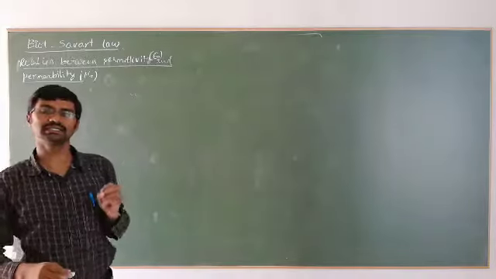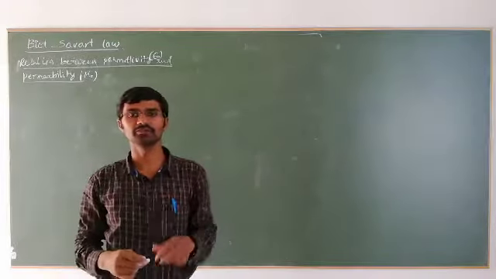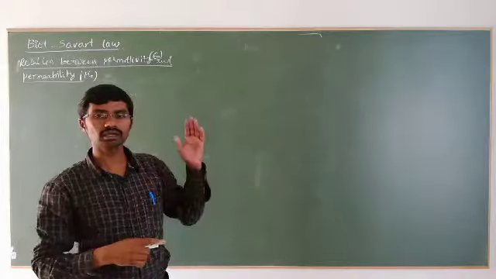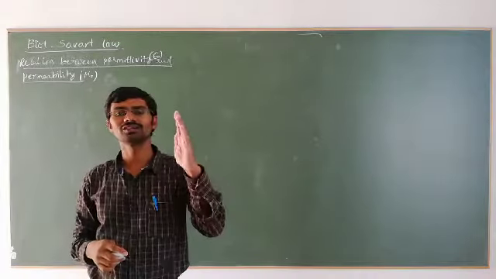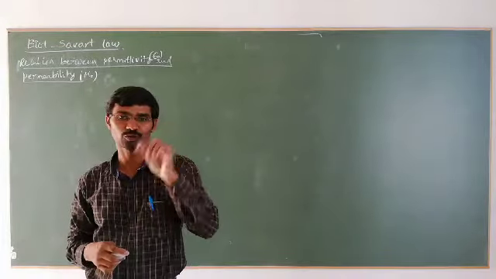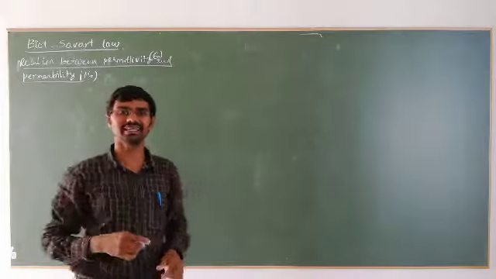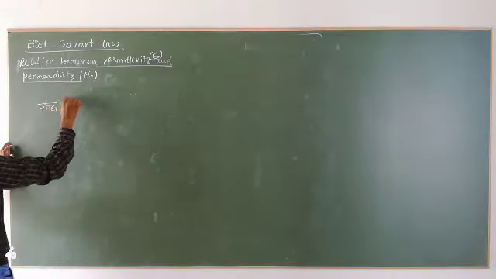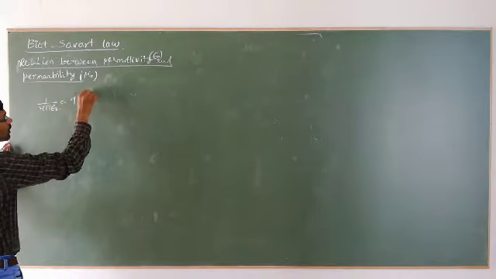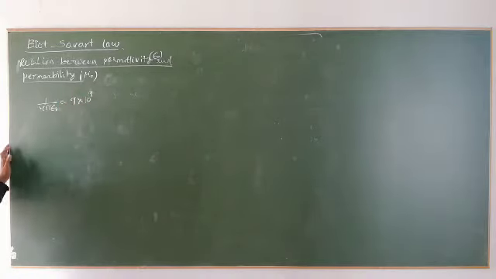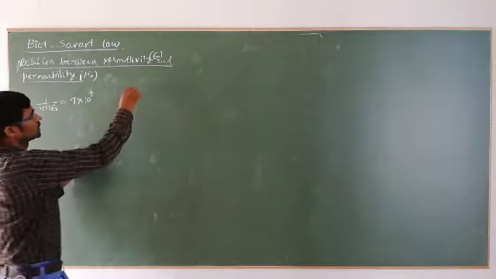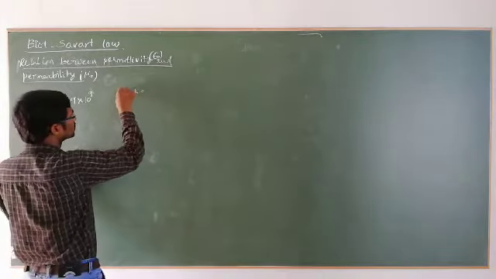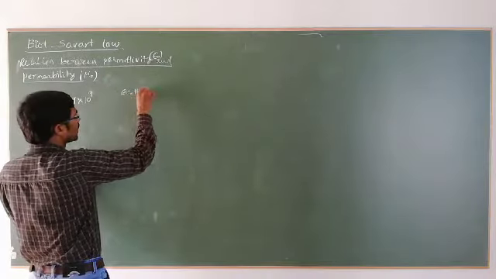When you studied the electric field, you already got E is equal to 1 by 4 pi epsilon naught q by r square. What is 1 by 4 pi epsilon naught? That is a constant in SI, and its value is 9 into 10 power 9. So what is the unit then? If we don't remember, E is equal to K into q by r square.